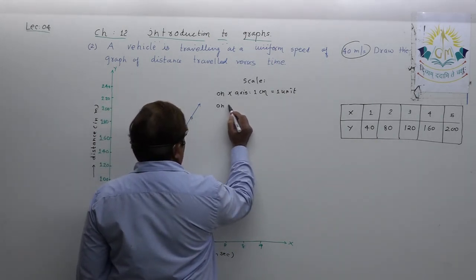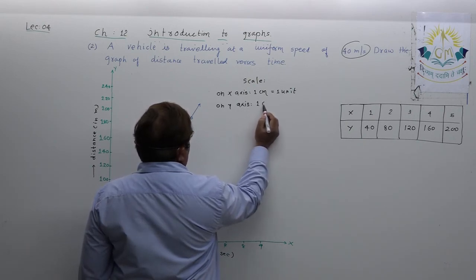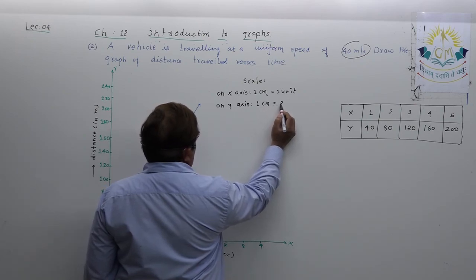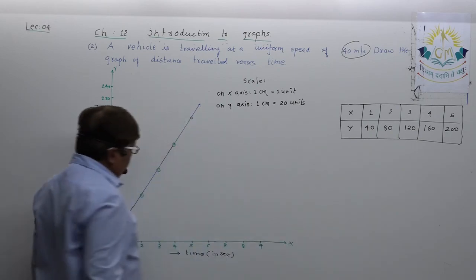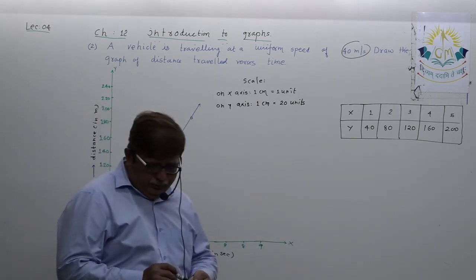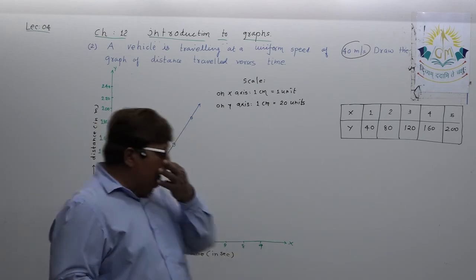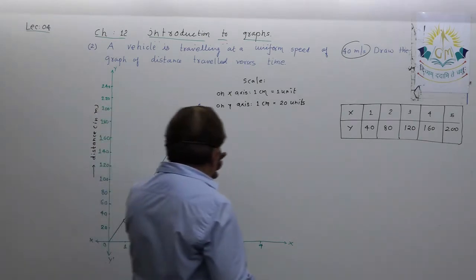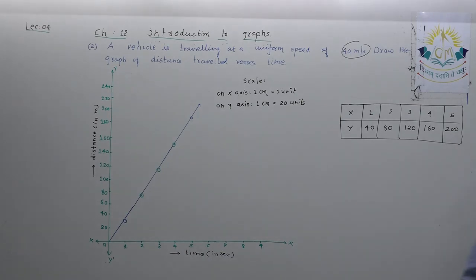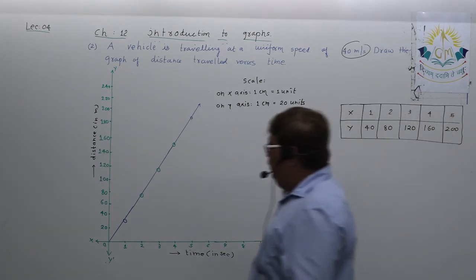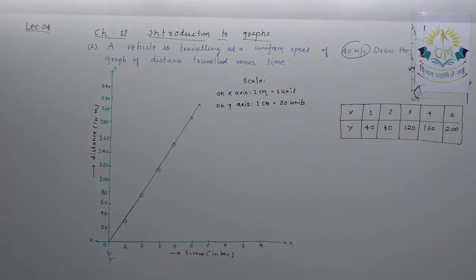And on y axis 1 centimeter, what scale we have adopted? 20 units. Okay. So this way you can also draw the graph. Understand? Just look at this. This is the graph of distance versus time.